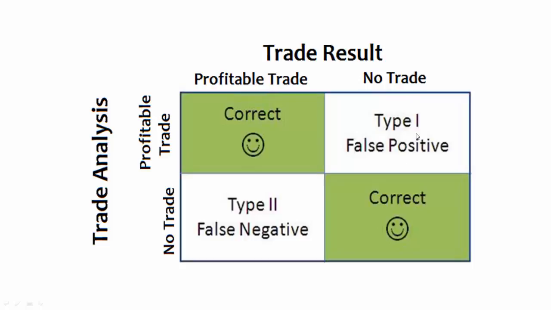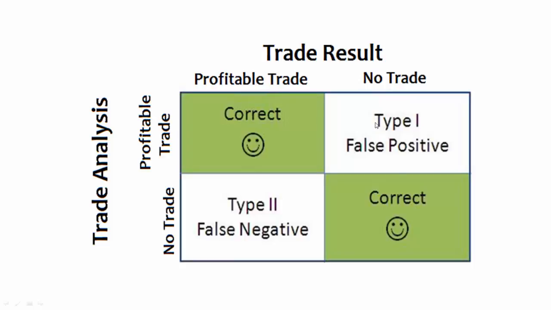But let's talk about the errors. Type 1 error is when your system says, hey, time to take a trade, there's a profitable trade, and in fact, it turns out to be a loser, right? The other one is when your system says, no, there isn't really a good trade out there, and in fact, there was an available trade. That's a type 2 error. Now, you have to decide what's more important to you.